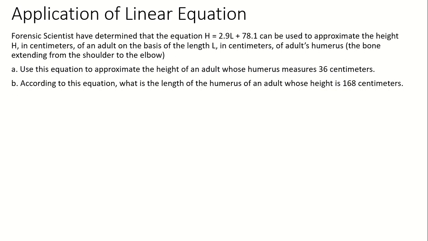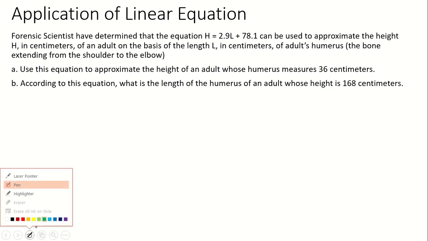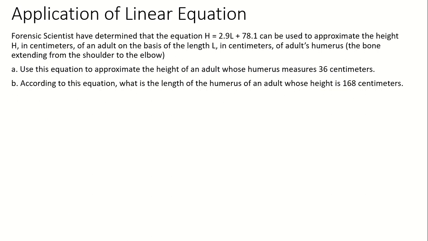Question letter A: use this equation to approximate the height of an adult whose humerus measures 36 centimeters. In using these problems, we need to identify first what is unknown and what is given. For letter A, we are looking for the approximate height, so h is unknown, while L, the given, is 36 centimeters.